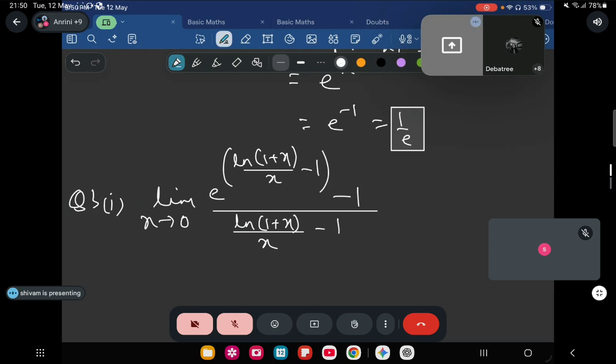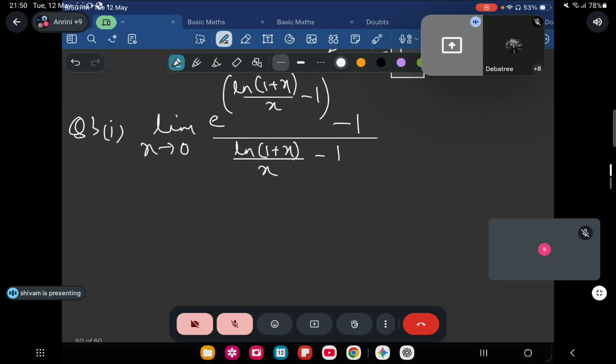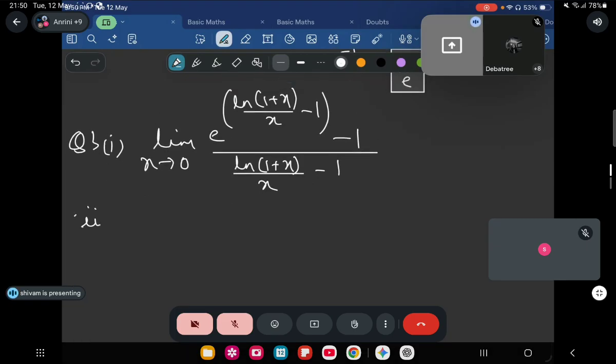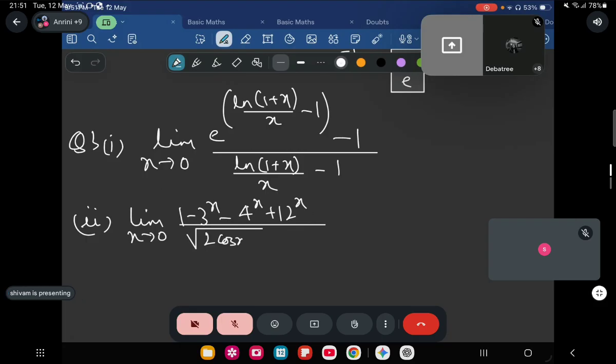Part 2. Part 2 is very important, everyone. These kinds of questions have been repeated in the past. Limit x tends to 0, 1 minus 3 to the power x minus 4 to the power x plus 12 to the power x, upon root over 2 cos x plus 7 minus 3.